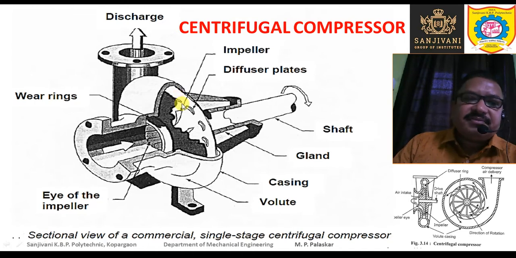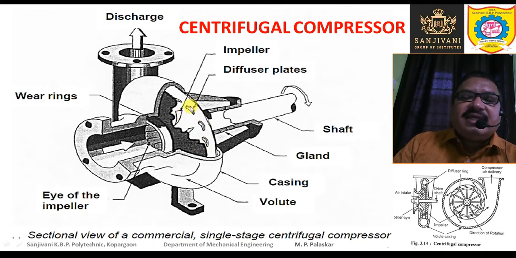So you can see in this picture that this is the casing, and this is the inlet for the air to the casing at the center along the axis, and this is the discharge outlet. This discharge outlet is tangential to this particular casing, which has a volute shape, and inside this casing we have a shaft, and this is the impeller as well as the diffuser.